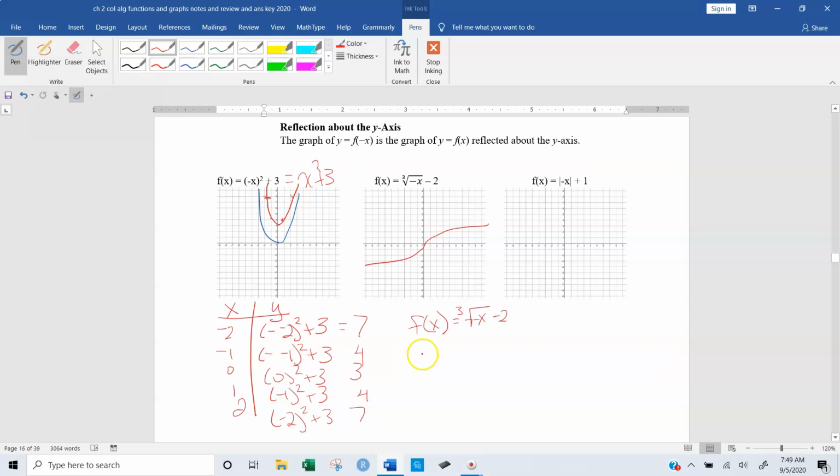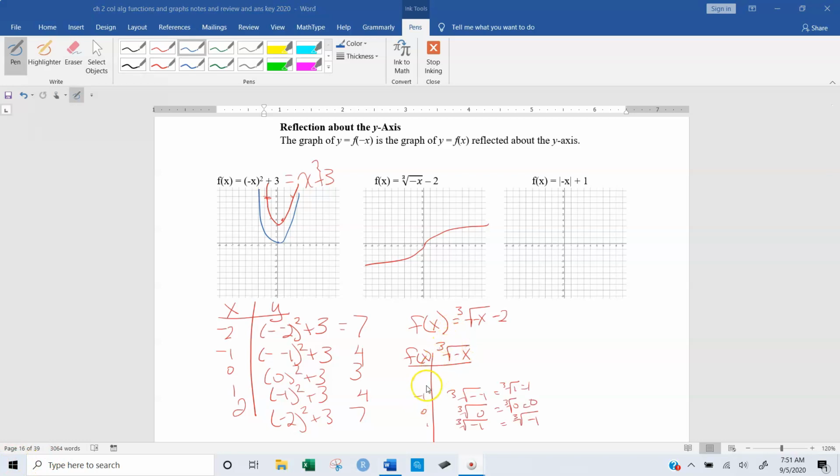So the cube root of negative x, so if we do this, and we do the cube root of negative x. If I could write, that would help out, huh? All right, so let's look here.